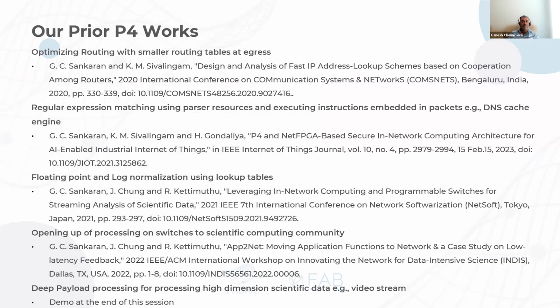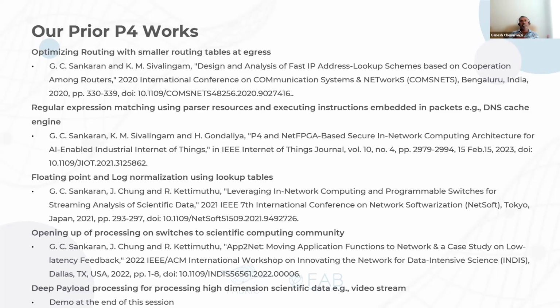So that is showing a little bit of what kind of P4 work we have done. We have done optimized routing with smaller routing tables at egress. Typically, routing happens in the ingress. What if we switch that to egress? That was one experiment that we conducted, and we found that the routing table size can be reduced.